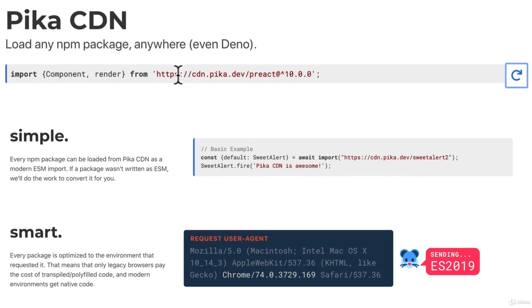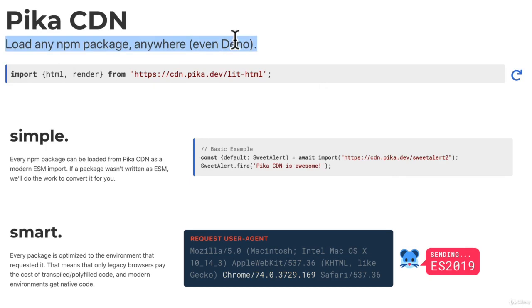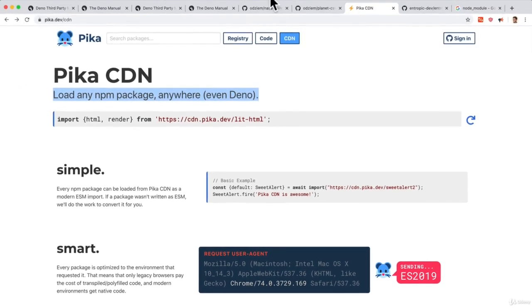So you can see over here, I can import Preact, I can import Redux, Async, all these tools using the import statement. And you see over here that you can load any NPM package anywhere, even Deno. But for now, you can use these two sources to find out about what packages are out there. And as time progresses, we're going to get more and more packages, and the community is going to grow more and more.